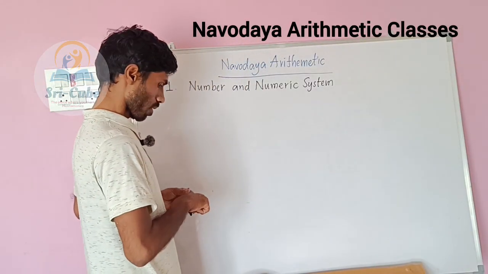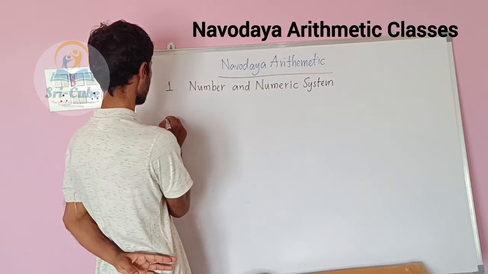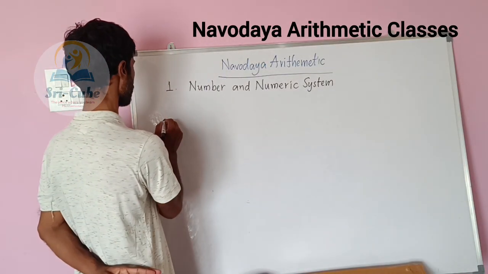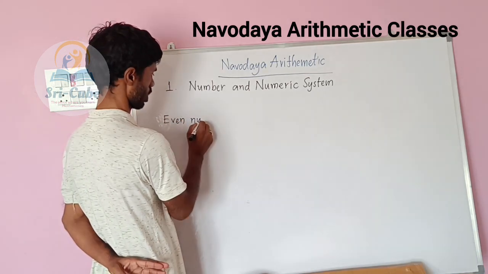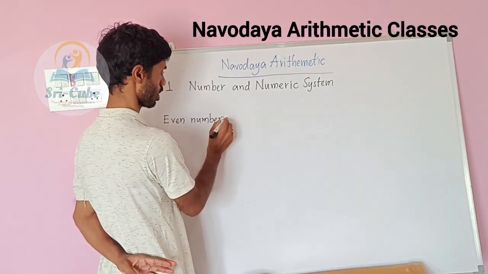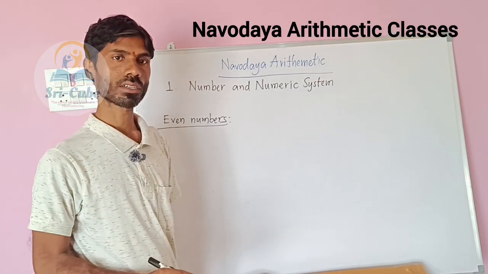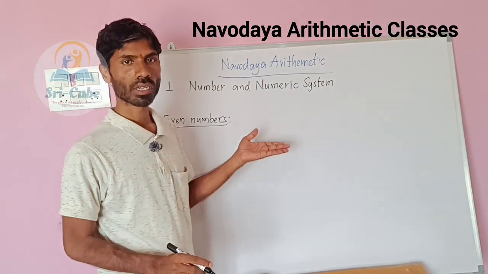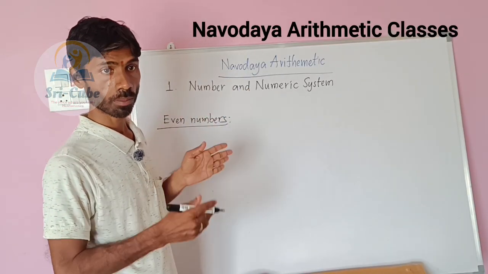So first one, even numbers. What are even numbers? Even numbers are natural numbers which are divisible by 2.